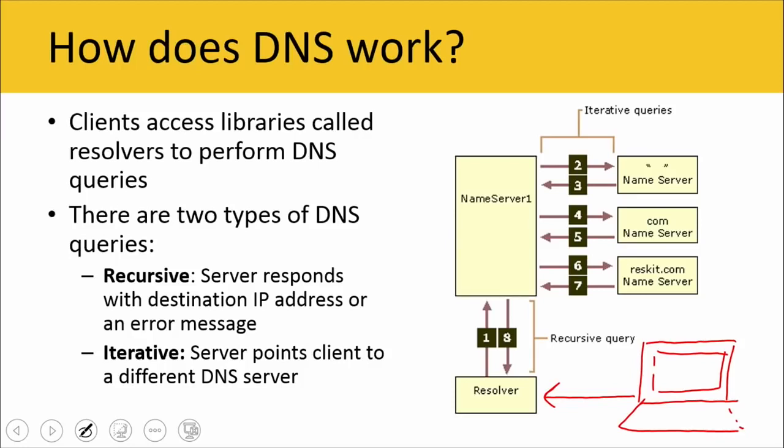The root name server may have the address. If it doesn't, it's going to tell it where to go, and maybe it tells it to go to the com server. So the root name server says, no, I don't have it, but I can tell you where to find the com server. Well, then the com server sends back perhaps the IP address. And then we just skip straight to step 8. The resolver then sends us back the IP address, and all of a sudden, here we are. We have Bing on our screens. Okay.